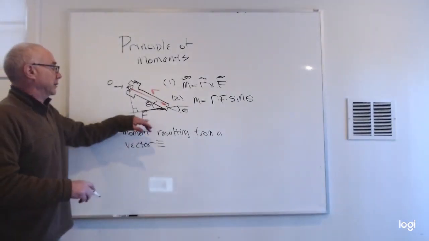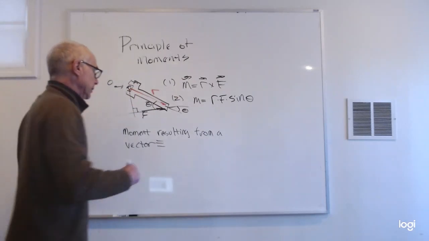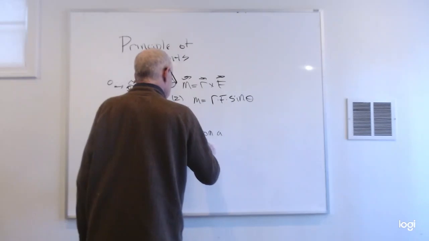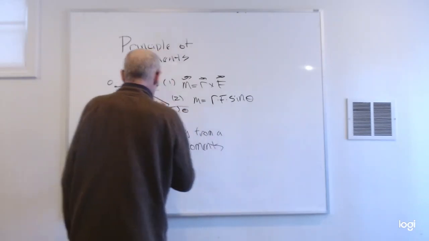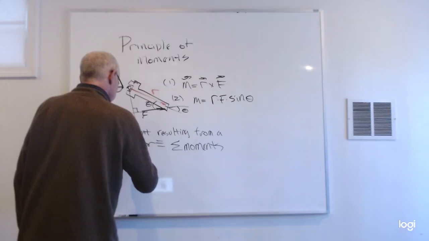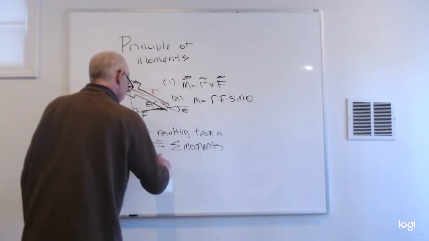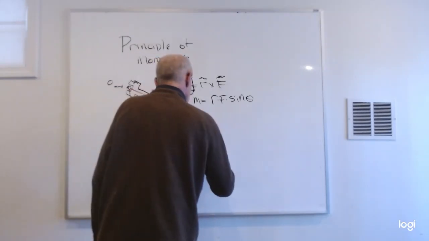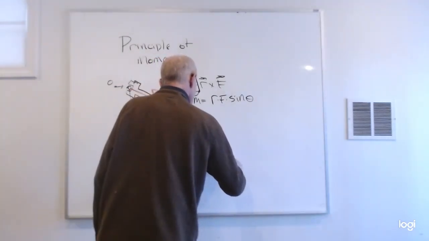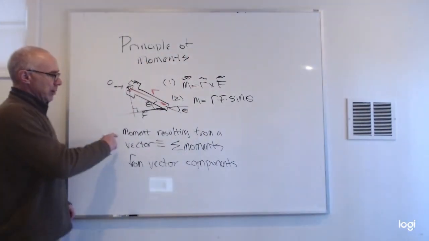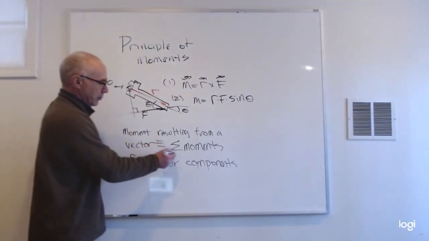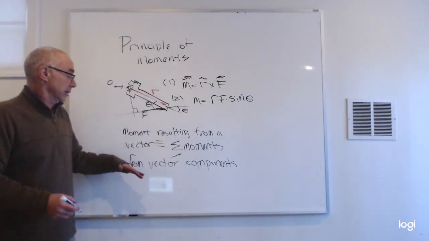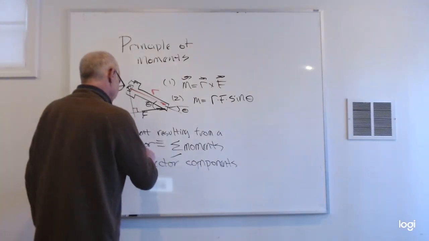In other words, you apply a vector like this one, and the moment at that location equals the sum of the moments from the vector components. That's the summation sign of the moments that would result from that vector's components.